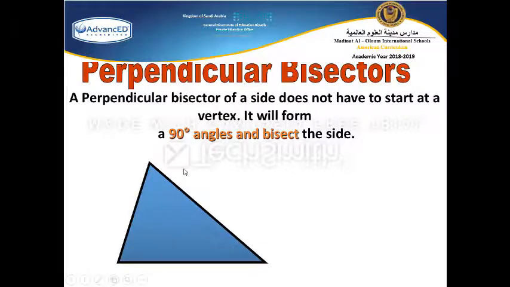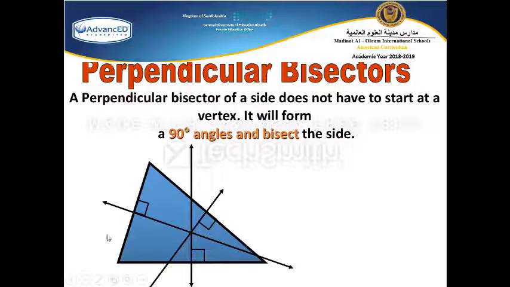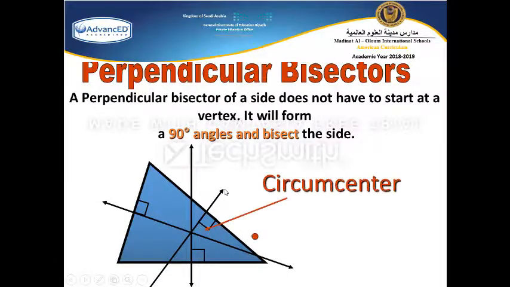Here we have perpendicular bisectors, and each one doesn't pass through the vertex. This one is the perpendicular bisector of this side, this one of this side, and the third of this side. Each one makes a right angle and bisects the side.